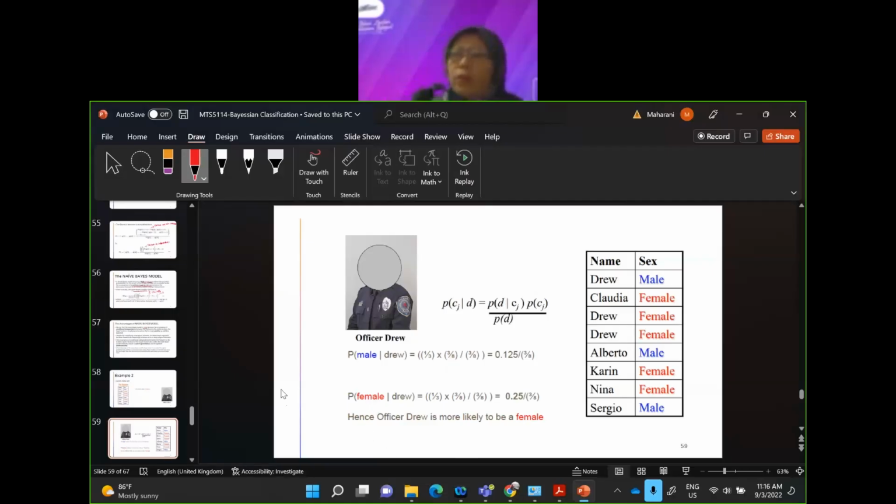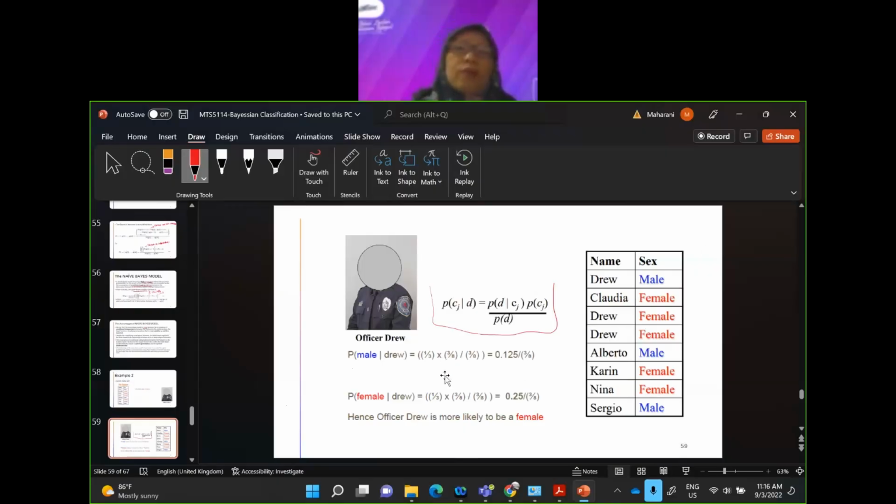So this is the formula that we use. J means many data, starting from 1, 2, and so on. First, for instance, we compute the probability of male with the condition Drew.